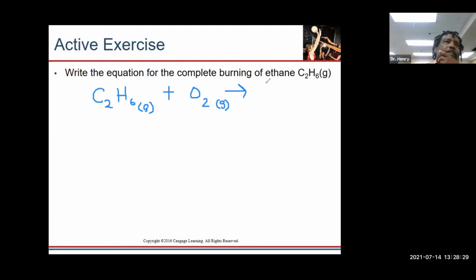So you guys do this all the time, right? You basically do a combustion reaction all the time when we eat. So if you eat a whole bunch of sugar, you eat food, what do you breathe in? Oxygen. Right? You breathe in oxygen, you eat, and then what do you breathe out? Carbon dioxide.